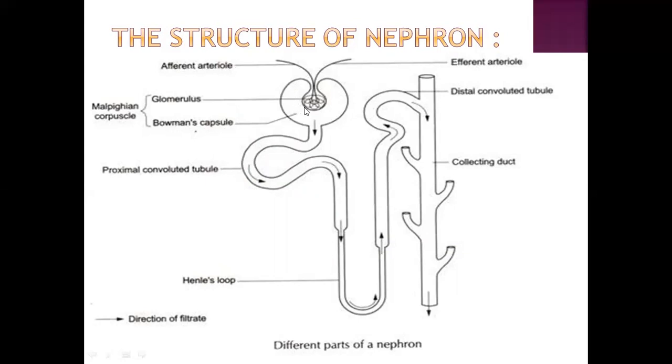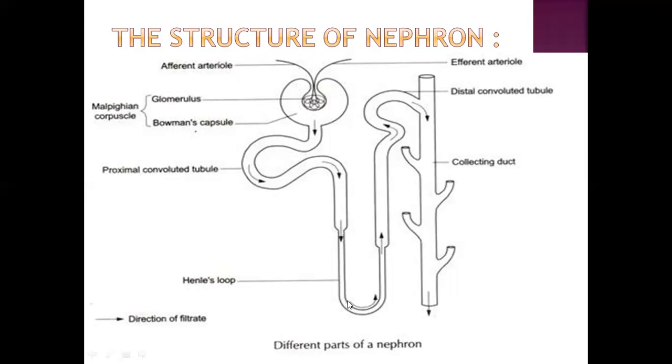After that, the Bowman capsule of the Malpighian corpuscle rises and forms a thick tube-like structure which is called the proximal convoluted tubule. Proximal means before, and convoluted tubules means folded tubules. After the proximal convoluted tubule, a loop is present which is called the loop of Henle.